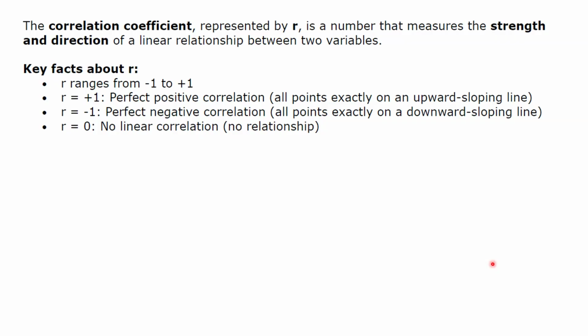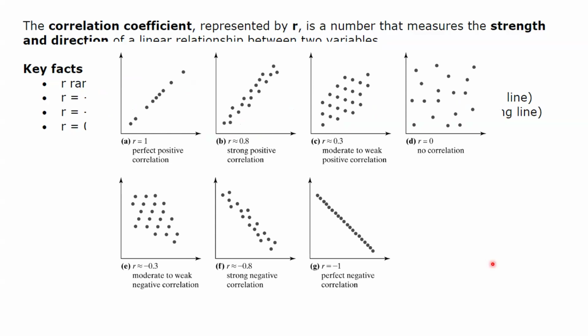The closer R is to positive or negative 1, the stronger the correlation. The closer R is to 0, the weaker the correlation. For example, if R is around 0.9, that's a very strong positive correlation. If R is around negative 0.8, that's a strong negative correlation.